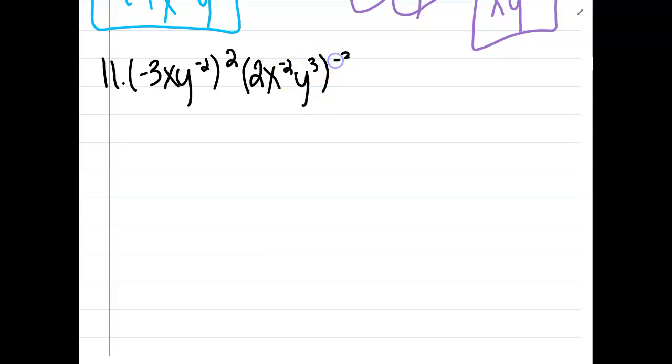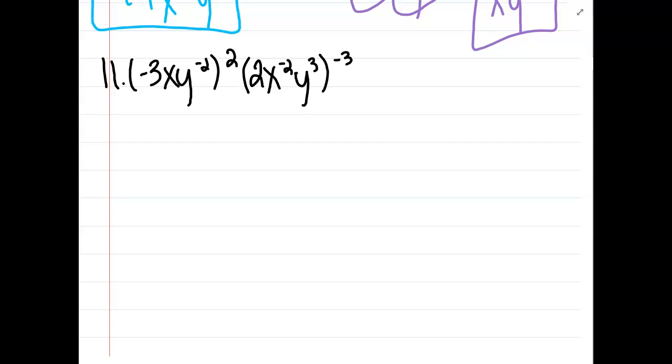Number 11, in parentheses, negative 3 xy to the negative 2nd, all squared. And then in parentheses, 2x to the negative 2nd, y cubed, all to the negative 3rd. Okay, now once again, kind of the first rule of thumb, let's get rid of these parentheses.